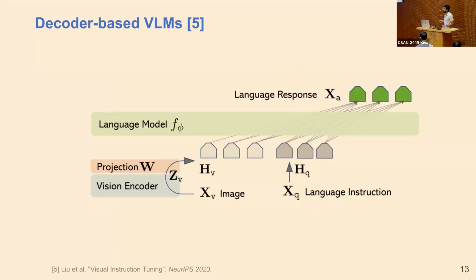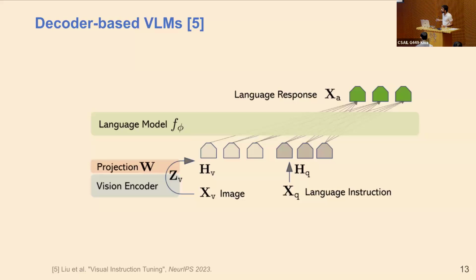Anyway, as I promised, just to give you a little context of the decoder-based VLMs. As the name suggests, instead of having a dual encoder, they have one encoder, which is the vision encoder to encode the images, and then they have a decoder, which is a language model, for example your favorite language model, maybe Llama 3.